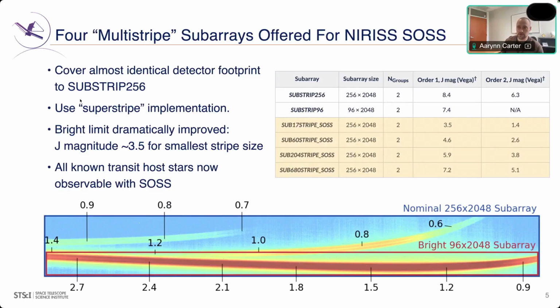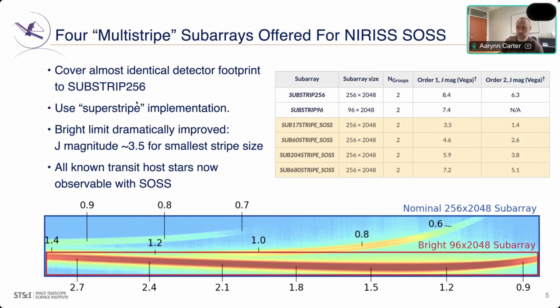I mention this because there is some subtlety: there's a difference between how DHS implements multi-stripe and how SOS and PRISM implement it. I'm going to use these terms interchangeably, but I'll provide some documentation towards the end if you want to understand what substripe and superstripe mean. The old JWebbinar will be a good reference for that as well.